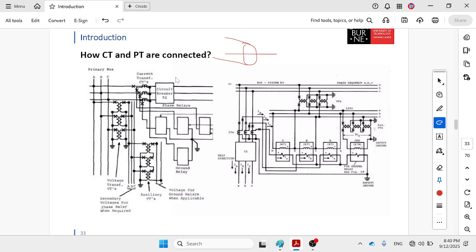For the CT, the connection must be series. For the PT, the connection should be parallel. So don't forget that one. CT always connected in series, PT always connected in parallel.